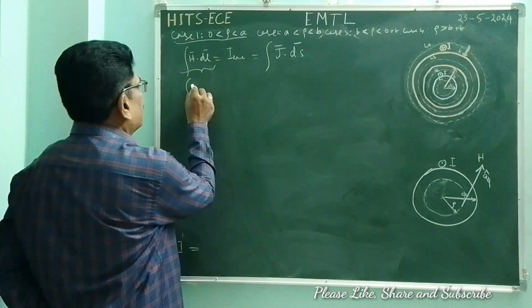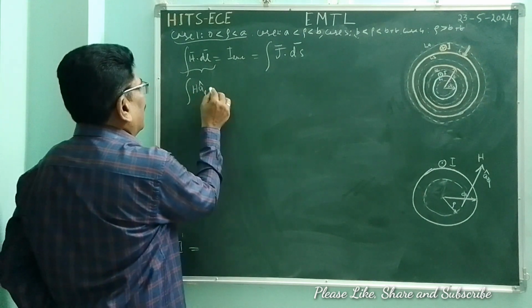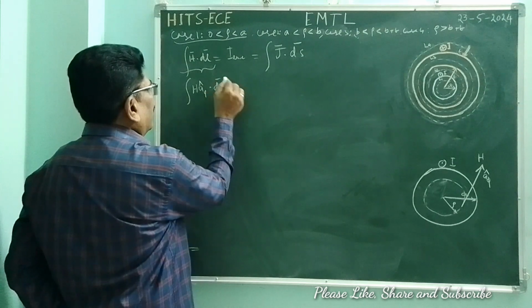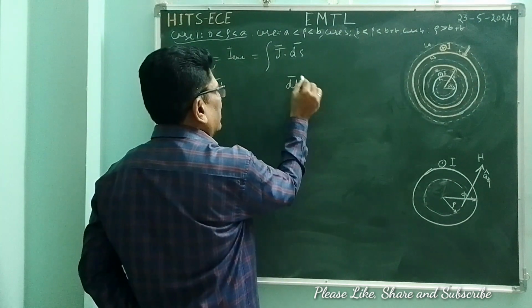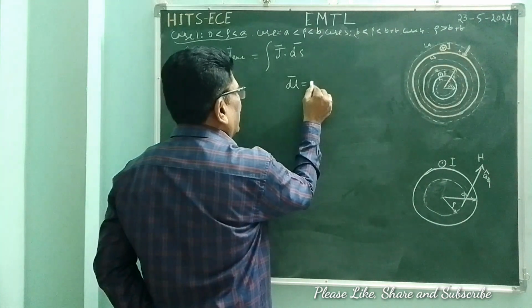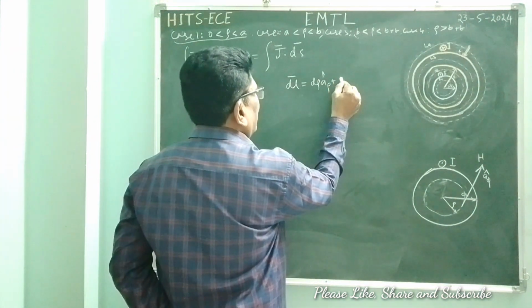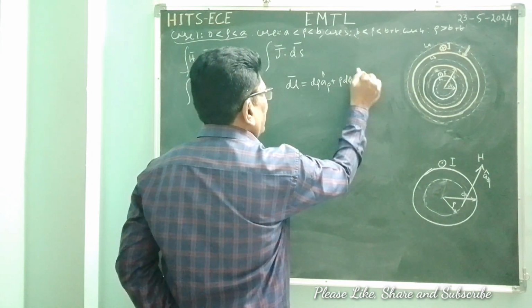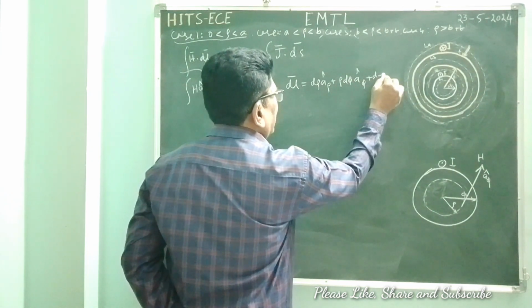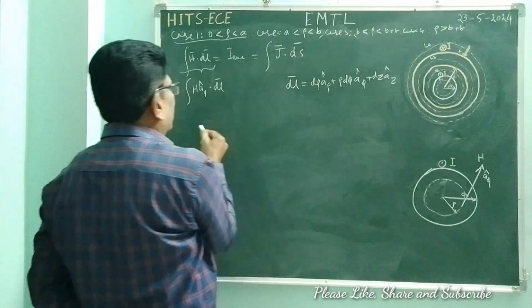So H is H into a phi cap dot dl. What is dl in cylindrical coordinates? dl is equal to d rho a rho cap plus rho d phi a phi cap plus dz a z cap. We substitute here.